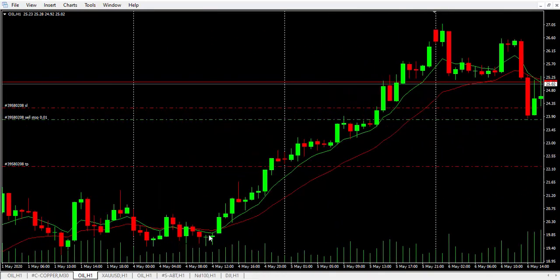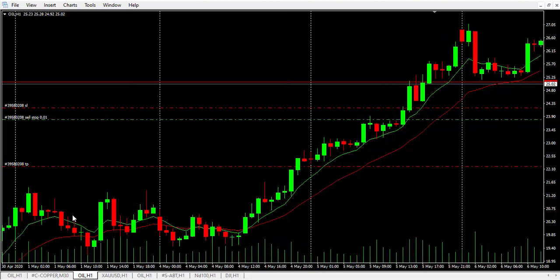Yeah, this one is a good example. Actually, I have used 8 and 20, and that is an exponential moving average. The exponential moving average gives a signal very fast compared to SMA and WMA. So you can see here there is no clear direction for the price now.